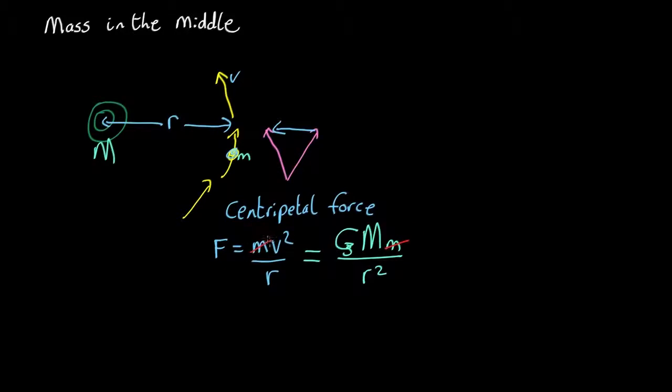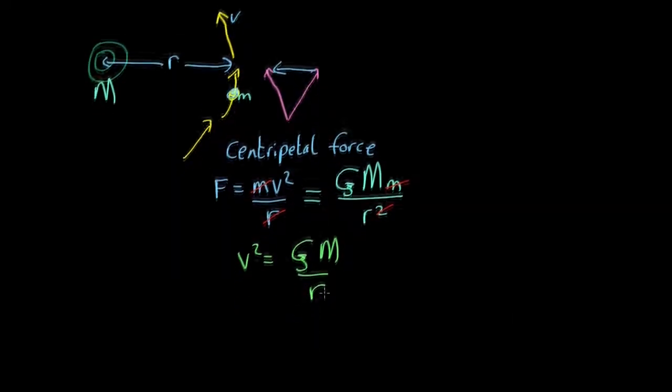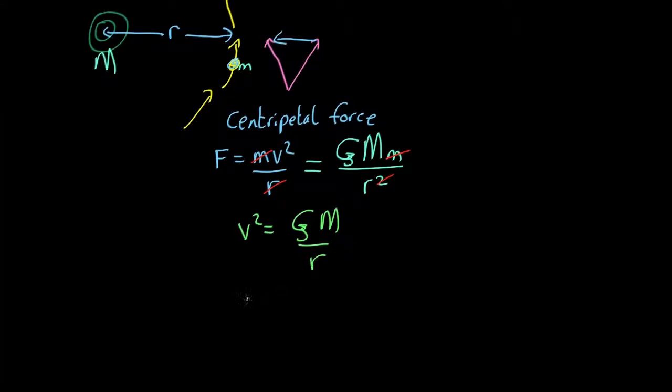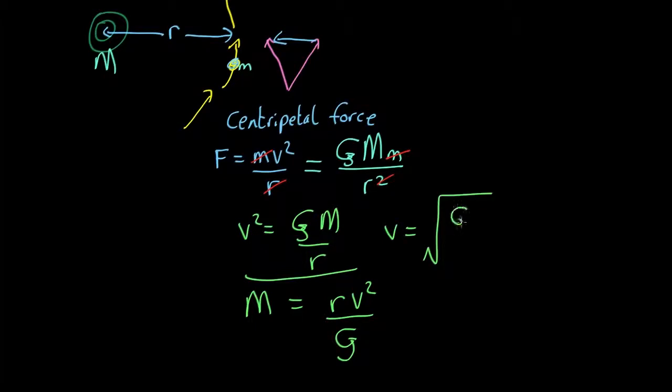So we cancel out the small masses, cancel out one of the r's, and we find that if you want to work out the velocity, for example, v squared equals GM over r, or if you want to work out the mass, M equals rv squared over G. You can rearrange that, so v equals root GM over r.